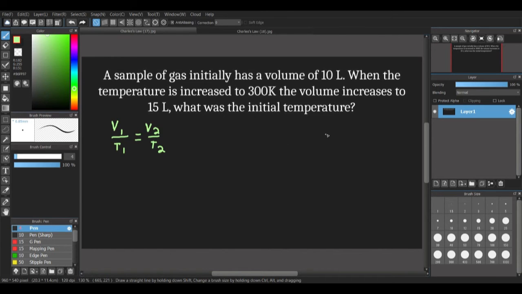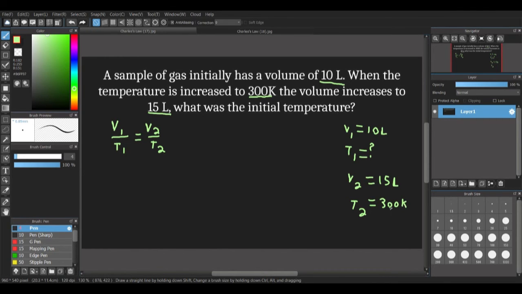And then on the side, we're going to list our givens. We're told the initial volume, or V1, is 10 liters. And then we don't know what our T1 is, because that's what we're solving for. V2, or our new volume, we are told was 15 liters. And then our T2, or our new temperature, we're told is 300 Kelvin.